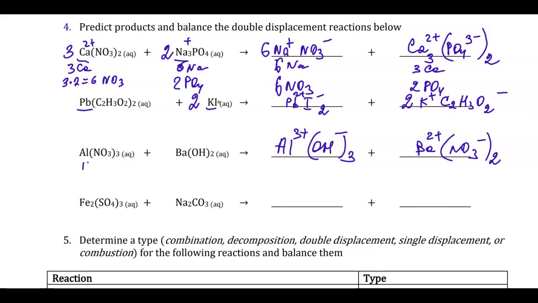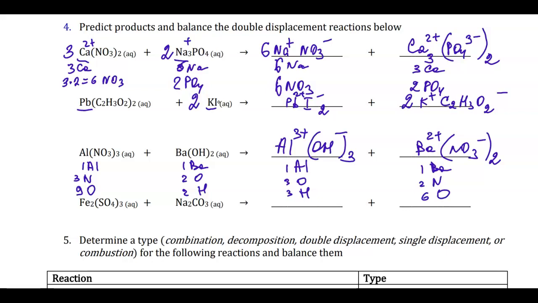So 1 aluminum here, 3 N and 9 oxygen here, 1 barium, 2 oxygen, 2 hydrogens, 1 aluminum, 3 oxygen, 3 hydrogen, 1 Ba, 2 nitrogen, and 6 oxygen, right?